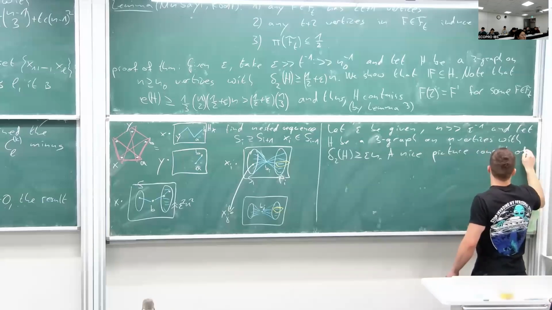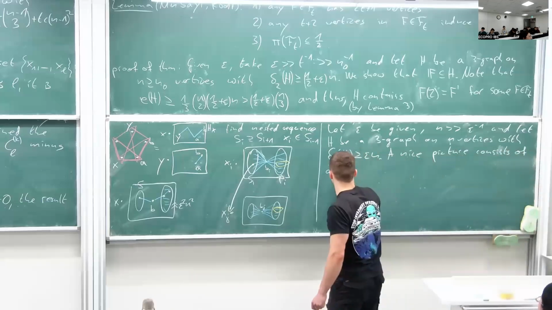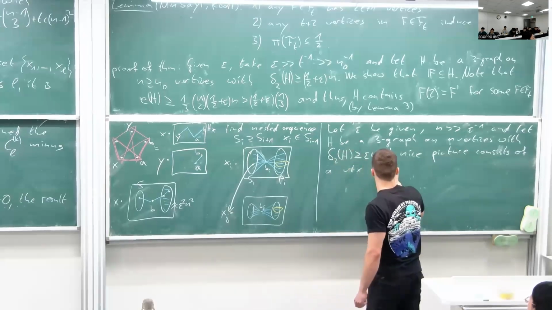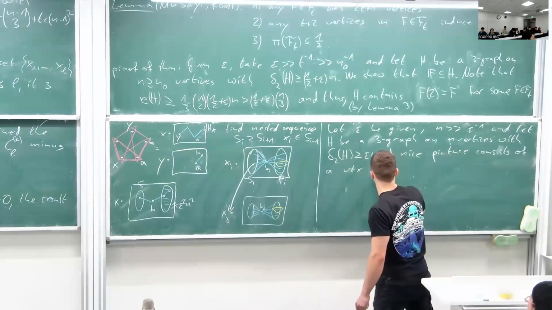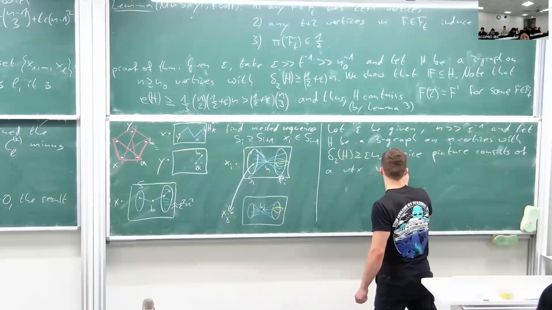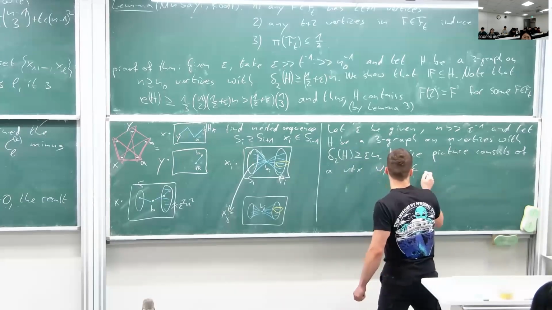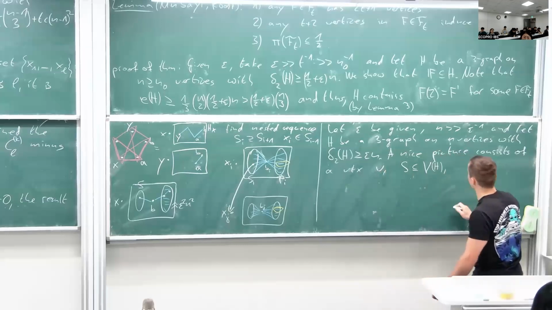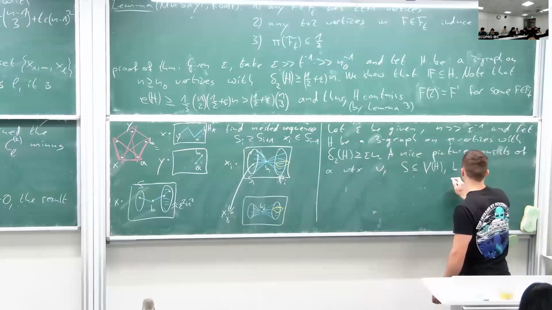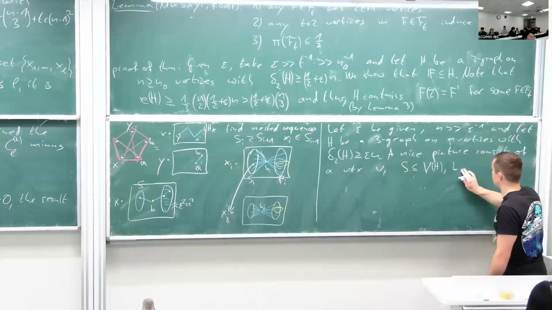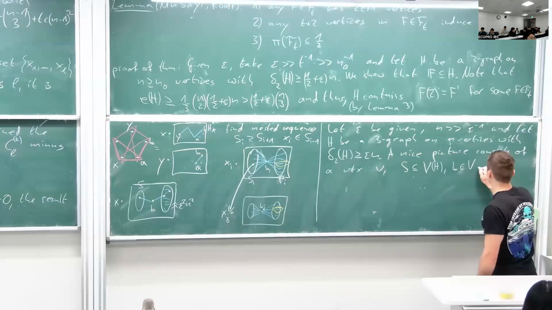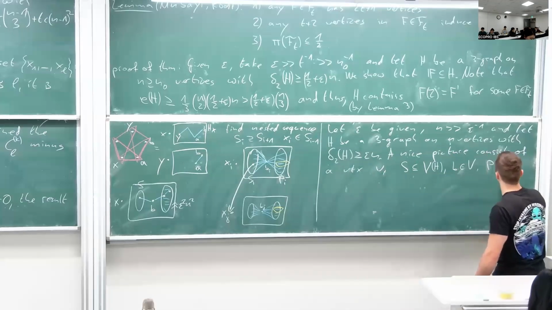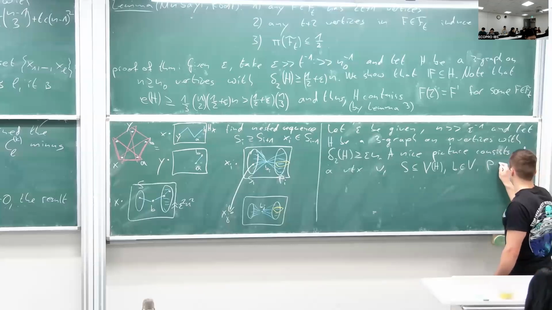of a vertex x, the set S of vertices, another vertex B, and the collection P of pairs.